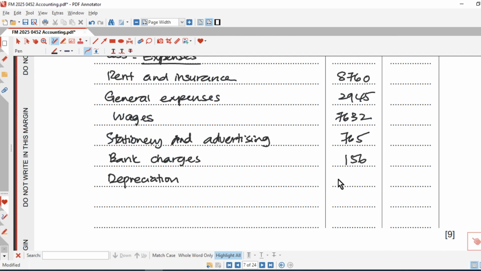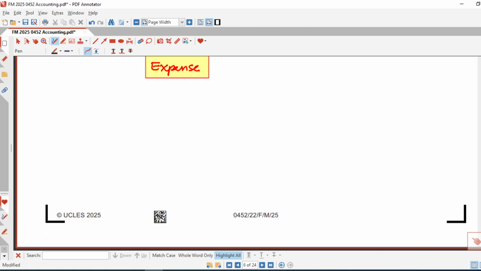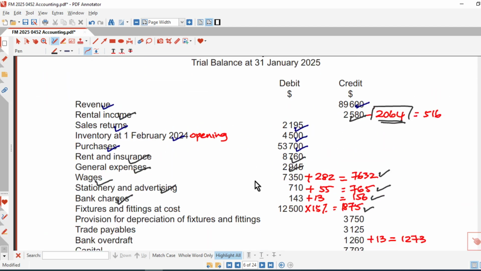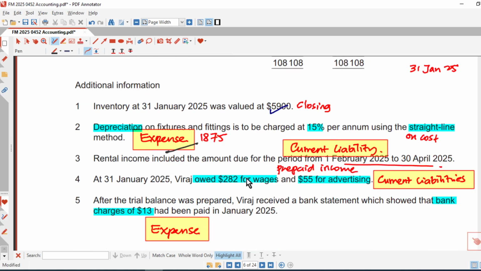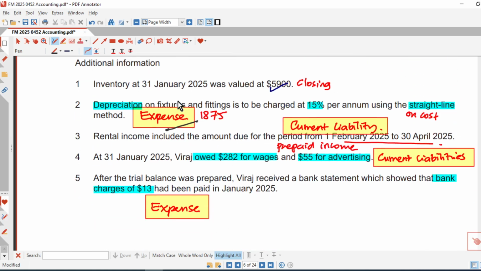Alright, so I believe that should be everything. Let's double confirm. The last item was depreciation. We have nothing else, I believe. So bank charges recorded, depreciation recorded. Yep, that's it.